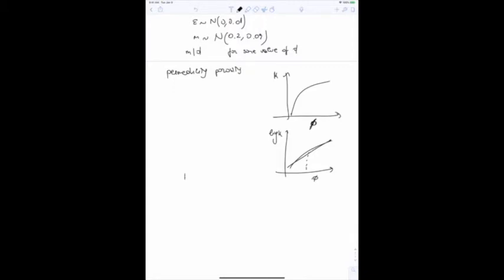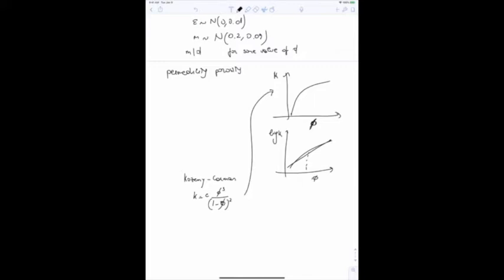One typical equation is called Kozeny-Carman. There are several variations of Kozeny-Carman, but the most common one is that K is equal to porosity cubed divided by 1 minus porosity squared, times a constant C. So this one looks like something like that.